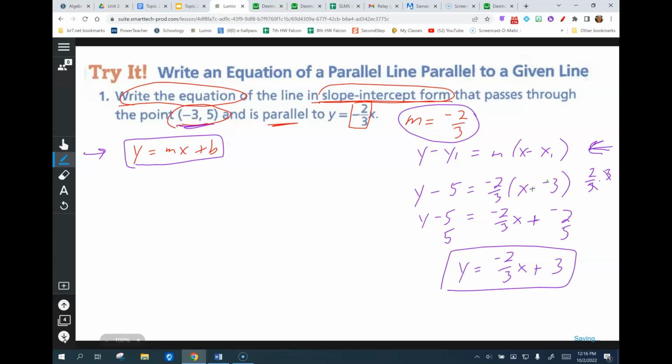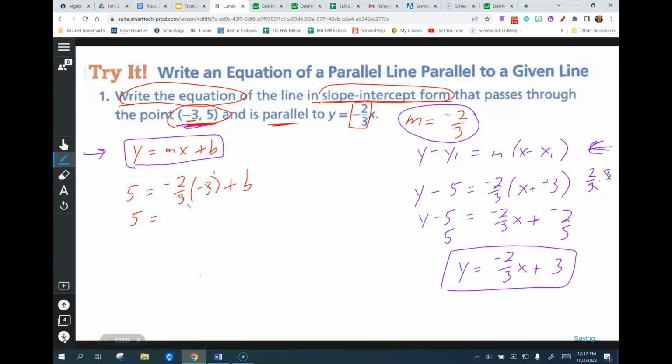Now I'm going to use slope-intercept. In place of y and x, I'm going to put negative 3 and 5. So 5 is equal to my slope. Whoops, how about if I write the correct slope? Would that be helpful? So negative 2/3 times x, my x value right up here, plus b. So I'm solving for b. So I get 5 is equal, my 3's drop, divide to 1.